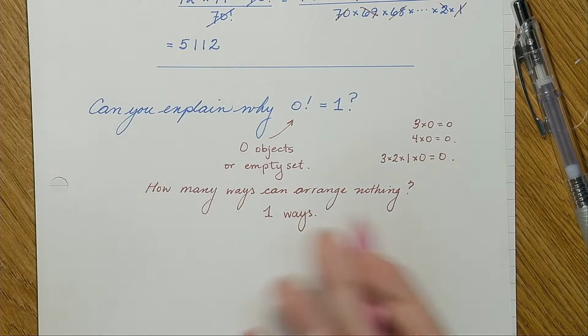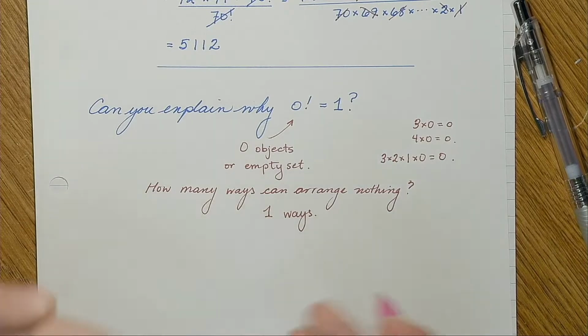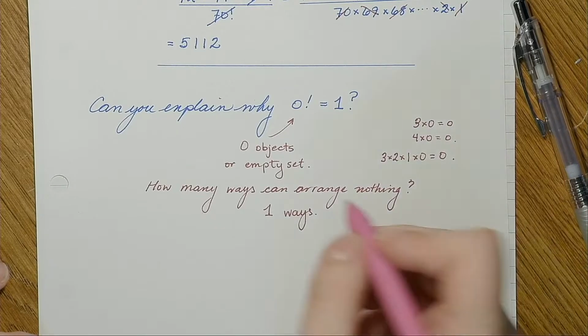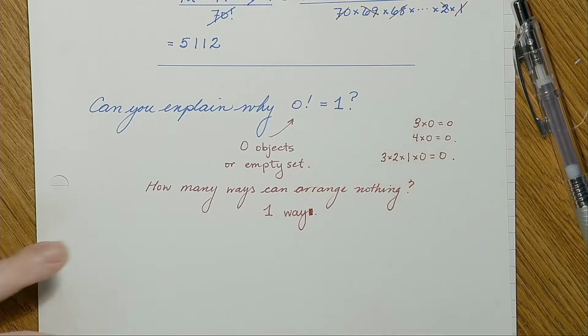So you have nothing. How many ways can you arrange it? Nothing, but that itself is a permutation. So it's just one way. So we're thinking about it in terms of counting arrangements, and this is a very combinatorial way of thinking of things.